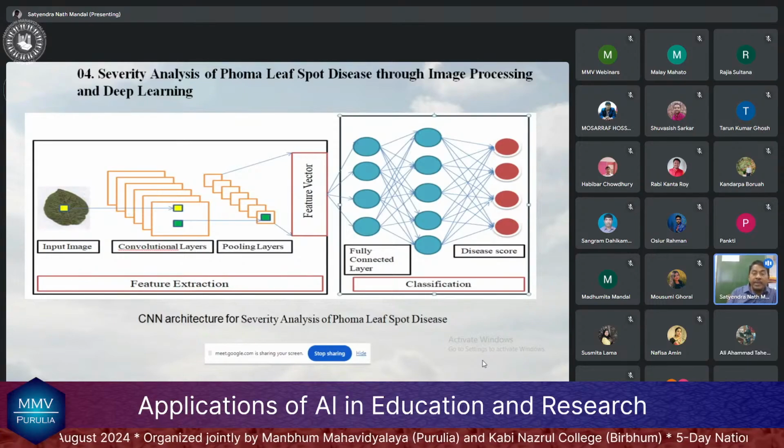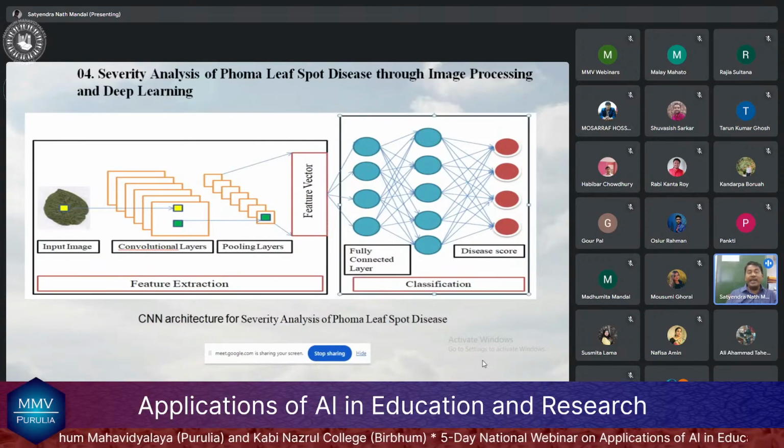Now, if it's large scale, what will happen? We developed a deep learning model, and we can also feed it into a mobile app. Behind the app, the deep learning model works. A farmer can take a photograph, and within a second he or she can predict the status of the field and the intensity of the disease.